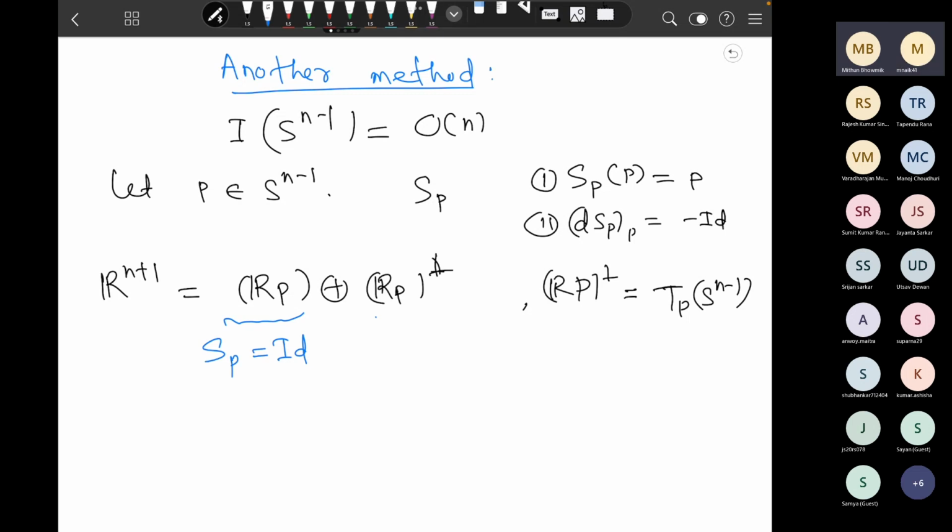Okay, SP is identity on RP. Do you agree with this point that SP will be identity on RP? Yes, Muna. You agree with that because S is a linear map.